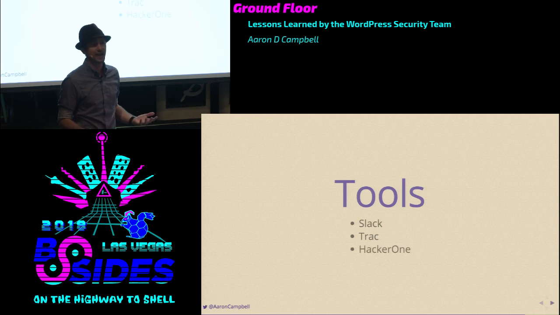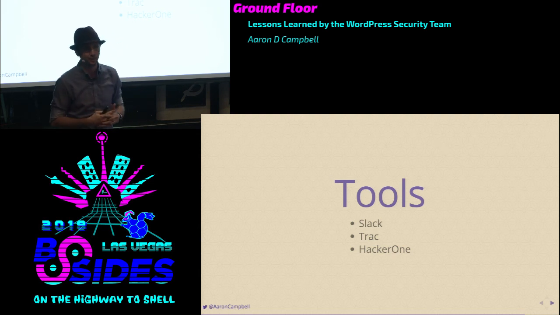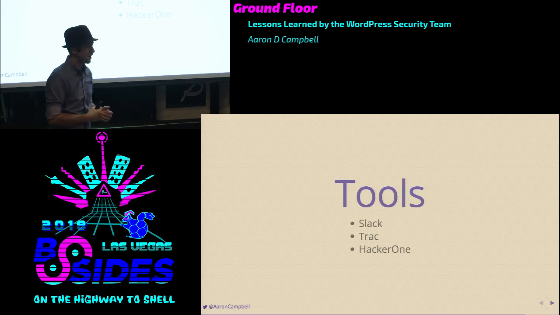And then we use HackerOne, yes, to power our bug bounty program, but also as our main way of communicating with reporters and researchers and keeping them in the loop.